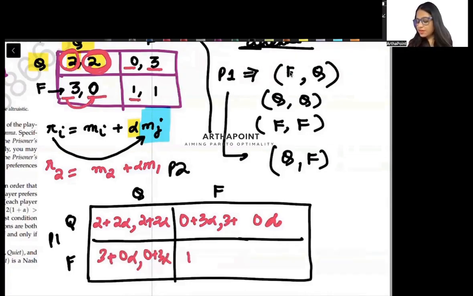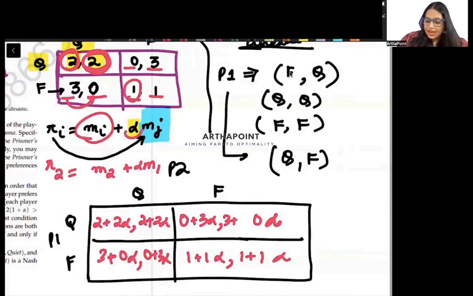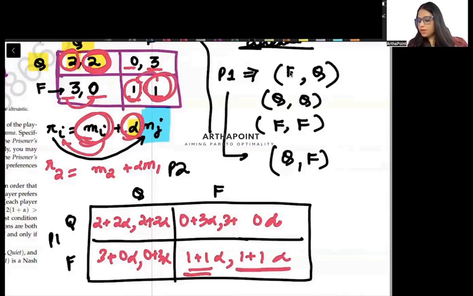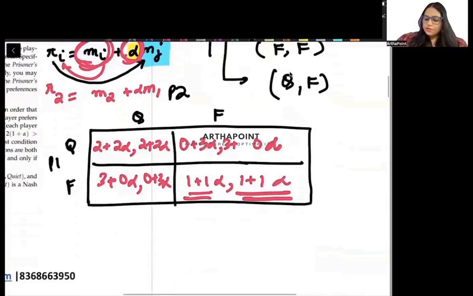This will become 1 plus 1 alpha. And this will become 1 plus 1 alpha. So your payoff plus alpha times the other's payoff becomes your new payoff. This is how we have written this payoff matrix.